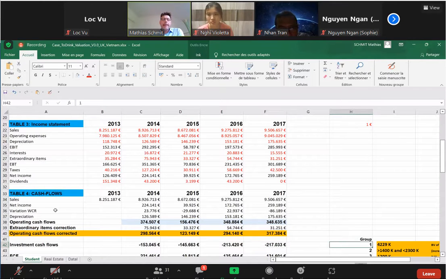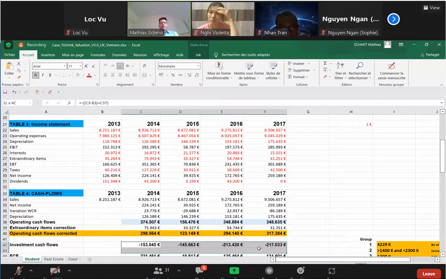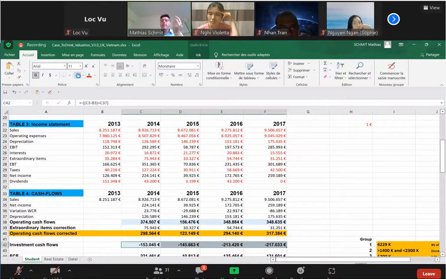And then I calculated the investment cash flows. If you remember, we already did it with the Cinepolis case. I told you, please try to do some exercises on the cash flow statement.